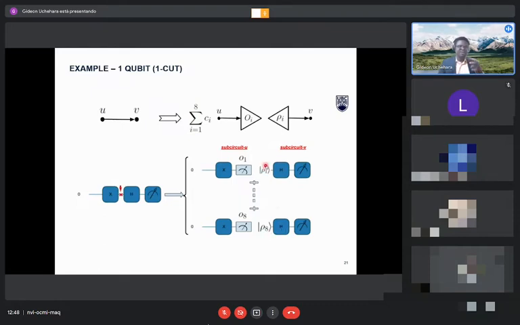That's why you have rho 1 all through to rho 8. And if you recall from what I did before, in this case, rho 1 is going to be the 0 state for the identity. Rho 2 is going to be the 1 state for the identity. Rho 3 is going to be the plus state for the Pauli X, and so on and so forth. So this small circuit has been broken down into 8 different summation terms, each of these summation terms having 2 subcircuits.